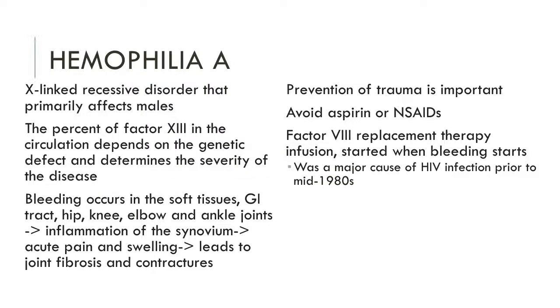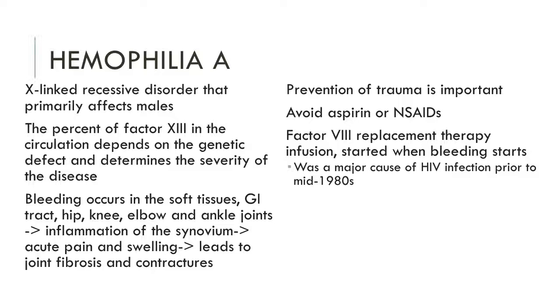The book talked about a couple different disorders related to clotting factors. We're going to primarily focus on hemophilia A. Hemophilia A is an X-linked recessive disorder that primarily affects males. And I say primarily because there are a few mosaics that actually will affect females as well, but usually not to the extent that it affects the males.